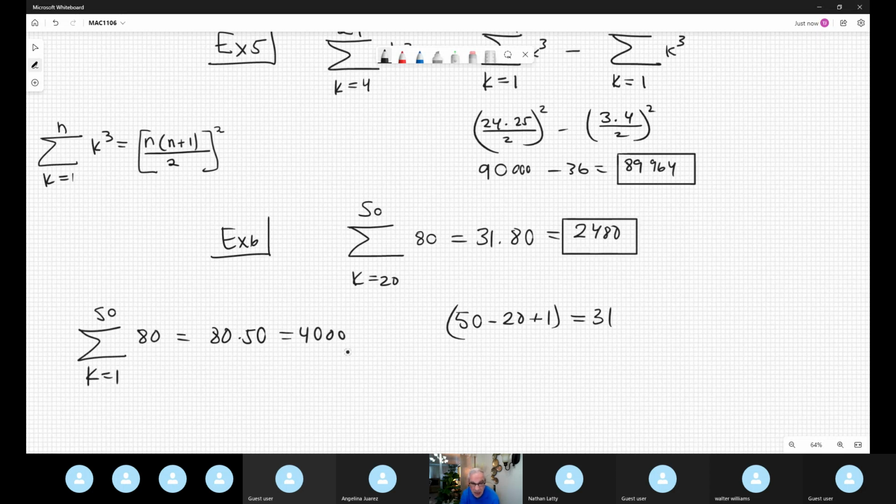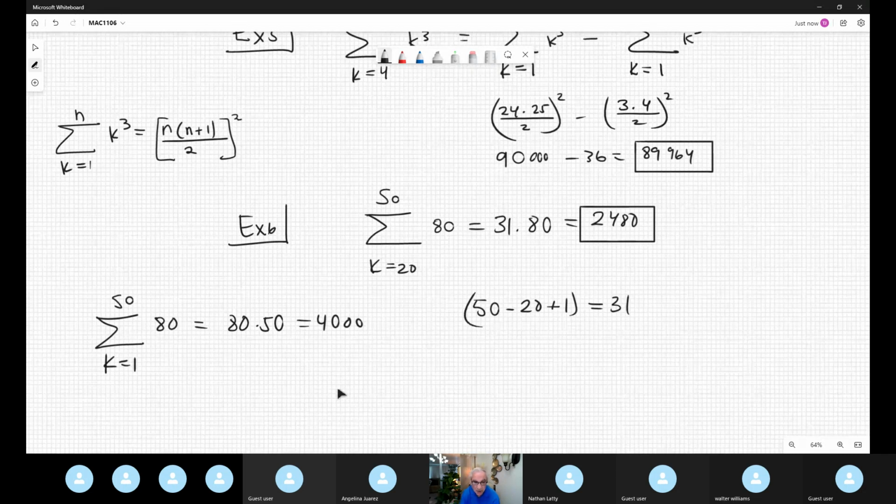Well, professor, I don't understand, because here you don't add 1, and here you add 1. I suppose that yes, we are doing it, but you are not aware of what we are doing. Look, suppose that I am doing it that way: 50, 50 minus 1 plus 1. But 1 minus 1 plus 1 is 0, so 50. So actually, you multiply 50 times 80.